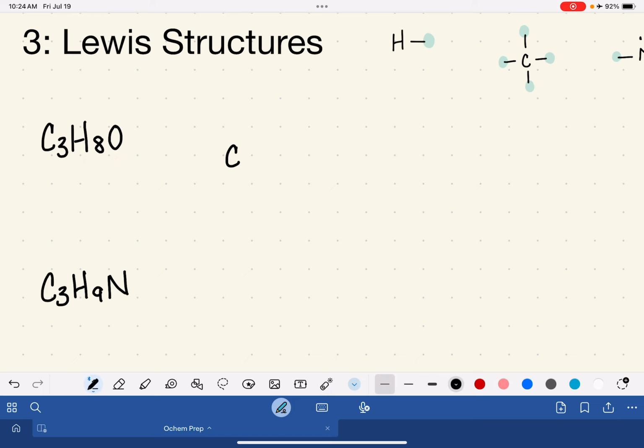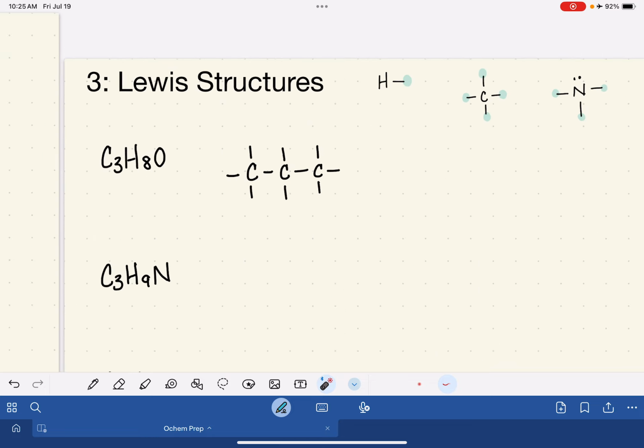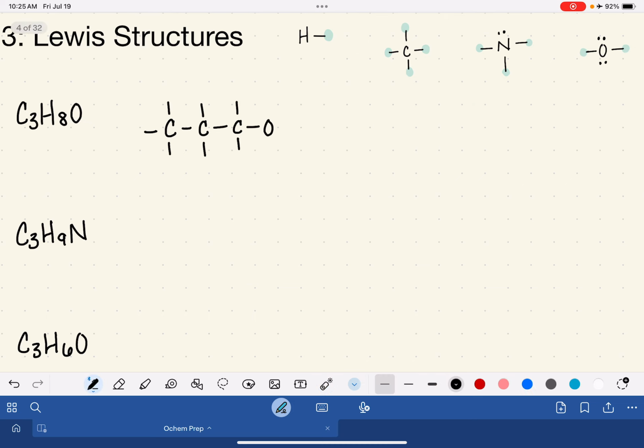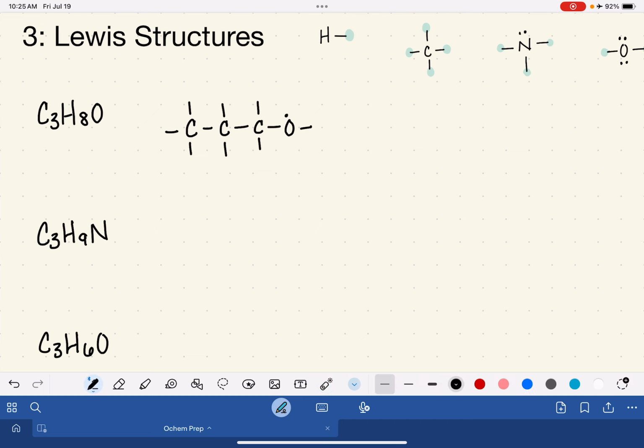I know that I'm going to have 3 carbon atoms in the center of my molecule, and I know that each carbon atom likes to form 4 bonds. I'm going to put a second carbon atom here, and that carbon atom also likes to form 4 bonds. And I'm going to put my third carbon atom right here, and that carbon atom also likes to form 4 bonds. Notice that I'm giving 4 bonds to every one of these carbon atoms because that's its common bonding pattern. Now I'm going to add my oxygen atom, and I'm just going to stick it out here. Oxygen likes to have 2 bonds and 2 lone pairs, so there we go.